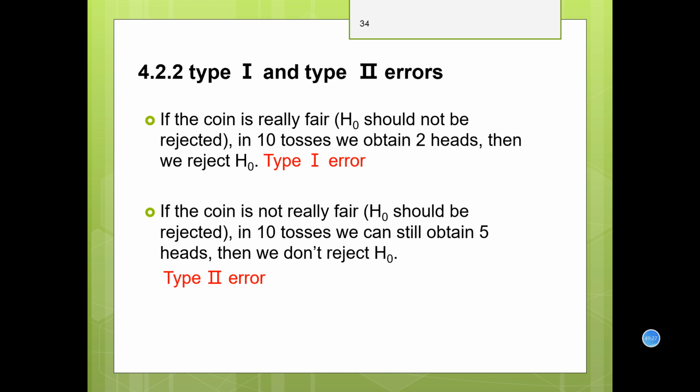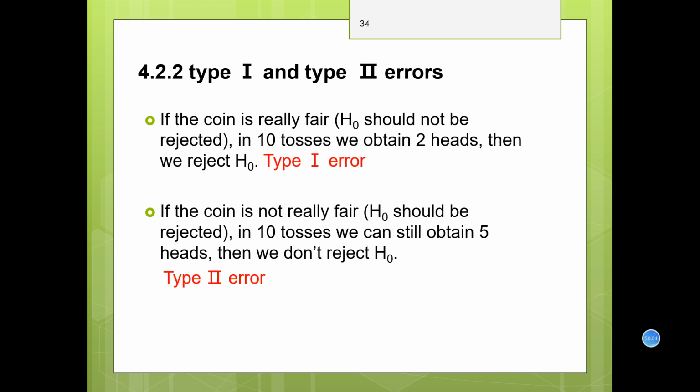So what's the meaning of type 2 error? If the coin is not really fair, that means H0 should be rejected. But by chance, in 10 tosses, we can still get 5 heads. And at this time, although the coin is not fair, we don't know that. What we can know is only that we get 5 heads in 10 tosses. So we believe what we can see in this study.